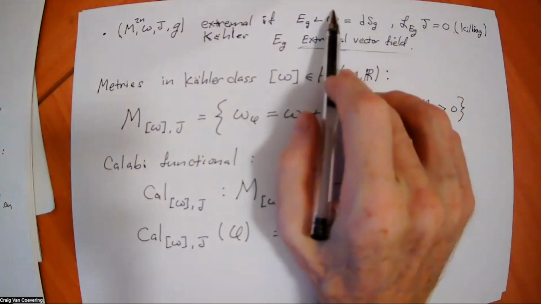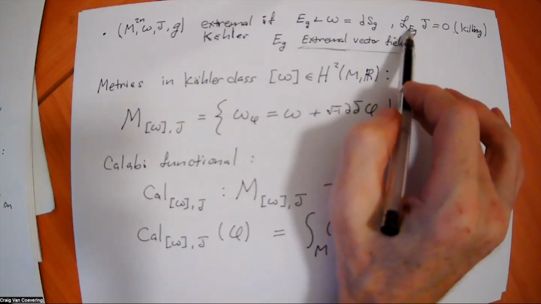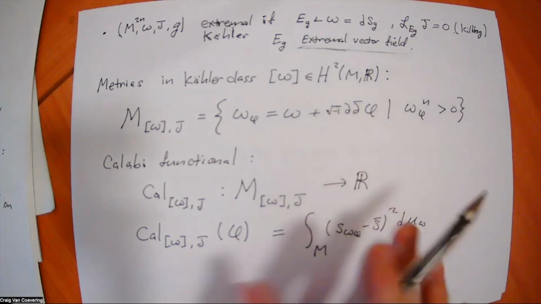And because it automatically preserves the symplectic form, this is equivalent to the vector field being Killing.